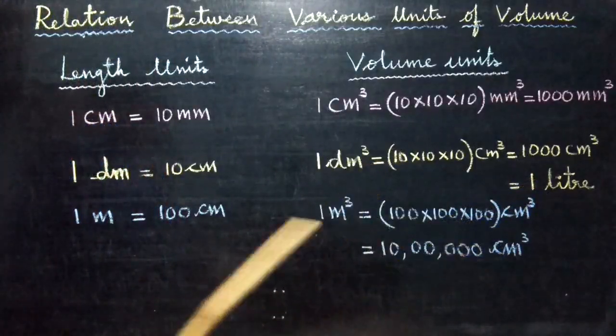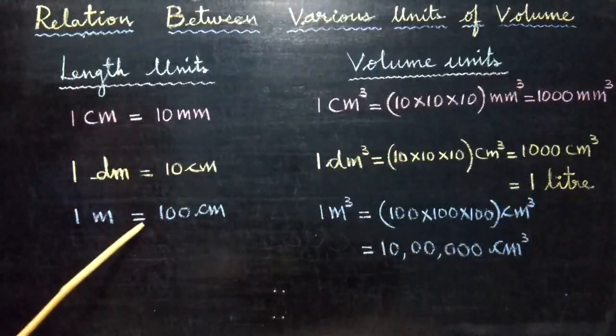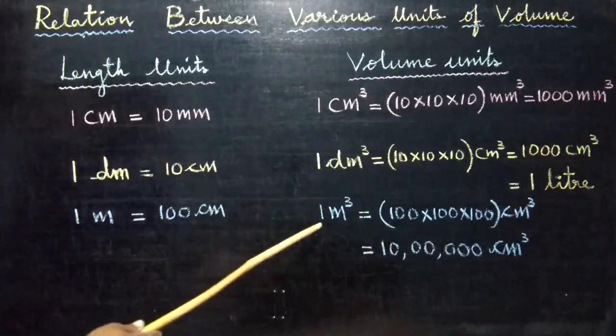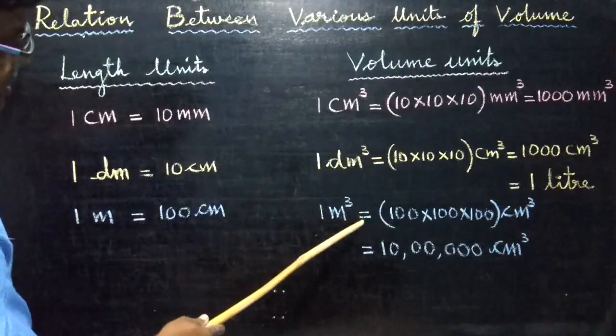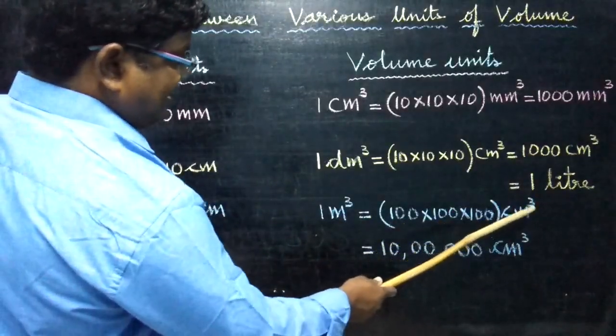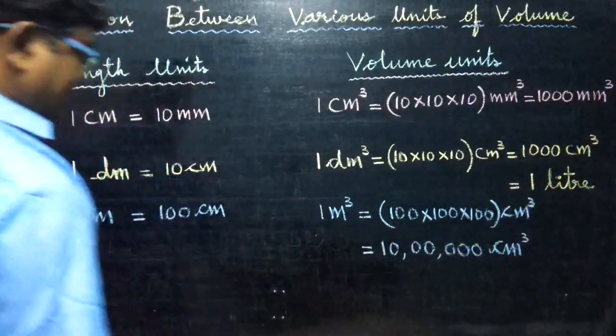Now once again. Next, 1 meter is equal to 100 centimeters. 1 meter cube is equal to 100 into 100 into 100 centimeter cube. 3 times we are multiplying.